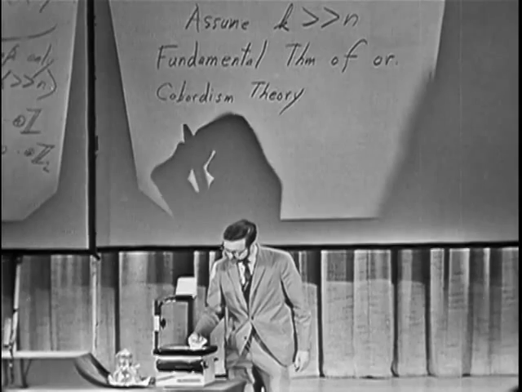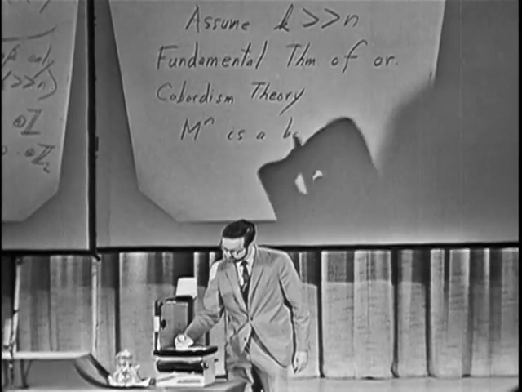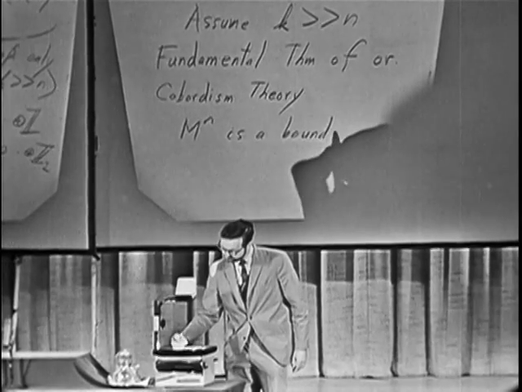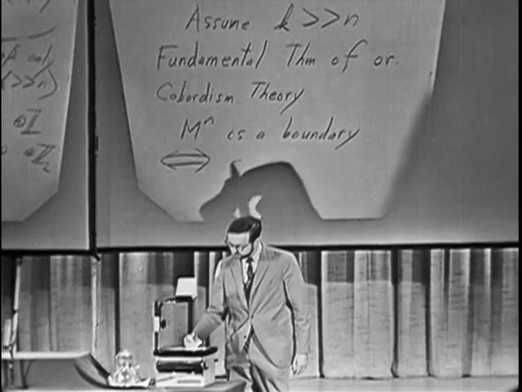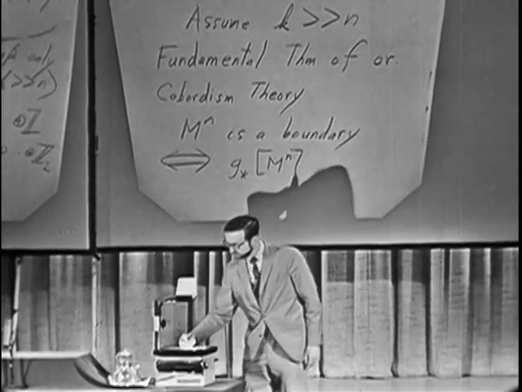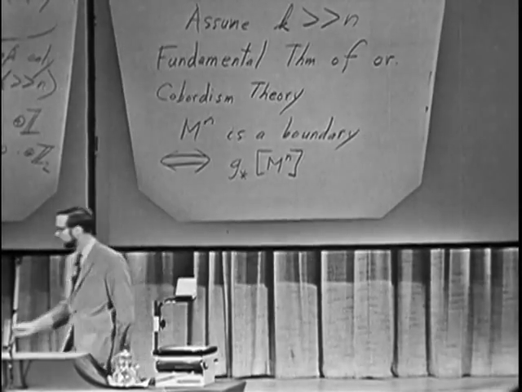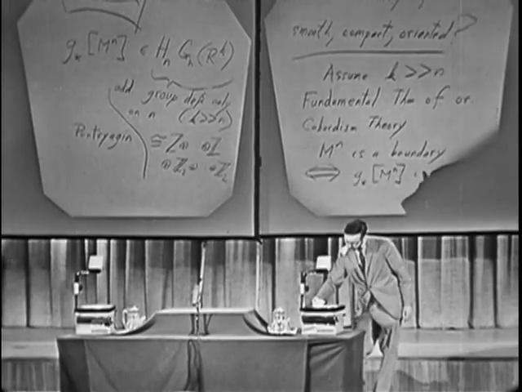This is, M^n is a boundary if and only if this invariant G star of the fundamental cycle, this invariant lying in this explicitly known group, is 0.